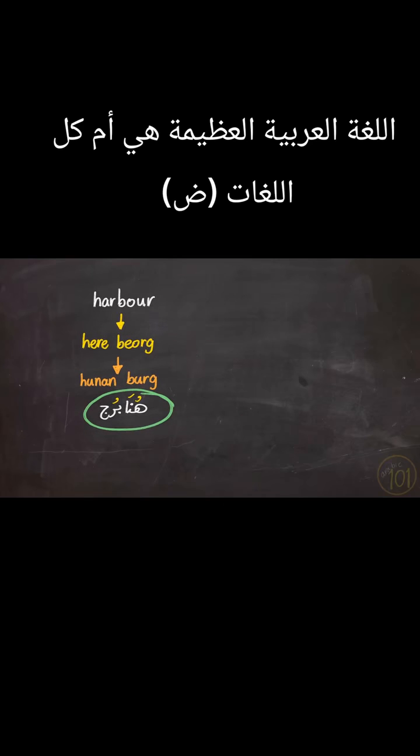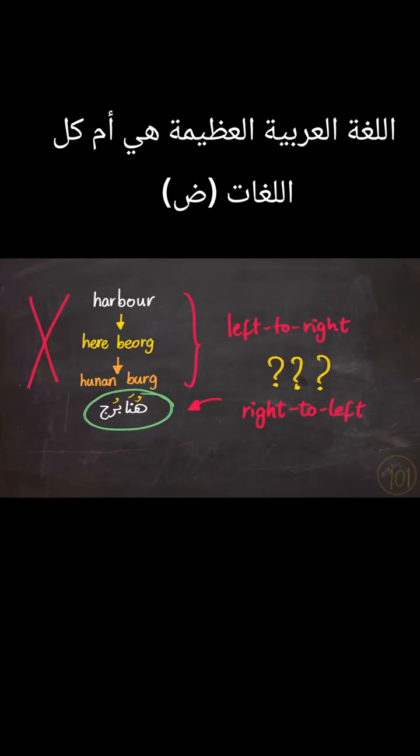And if you think that it is impossible that Arabic would be related to Latin or Germanic languages, since it even has a right to left system, while these other languages are all left to right, and other languages are even top to bottom, so this can't be right. Well, this is certainly true that Arabic is indeed different from that perspective.